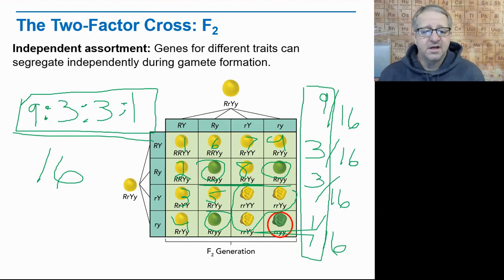So, in other words, the yellow and the wrinkle doesn't sort together, or we'd get completely different results. They have to independently assort in order for us to get the results that we do. So independent assortment is defined here on screen. It says genes for different traits can segregate independently during gamete formation.